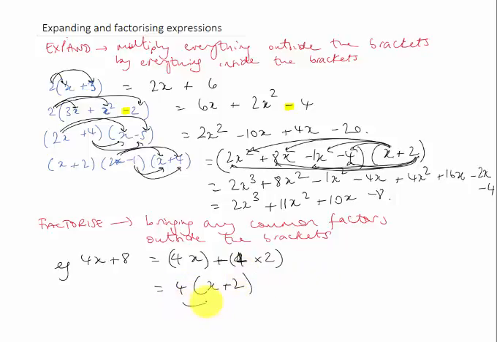And you'll notice that if we expand this expression back out, that gives us 4x plus 8, which is what we started with. Jolly good. But don't worry about this too much. There are lots of fancy things you can do, but it might be handy to do just simple things like this.